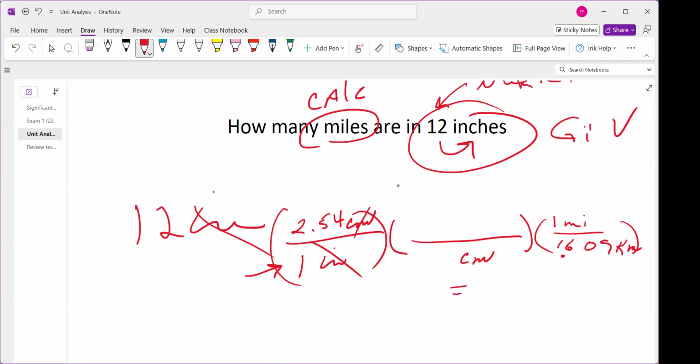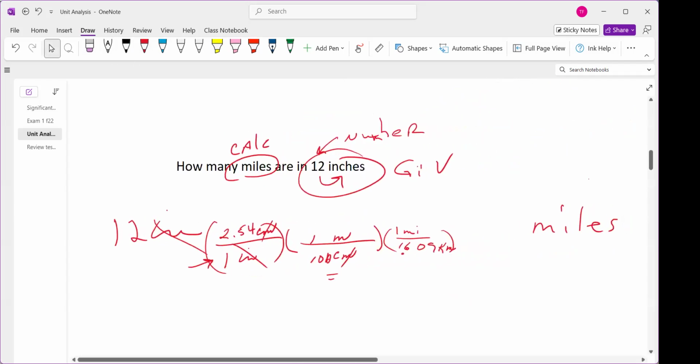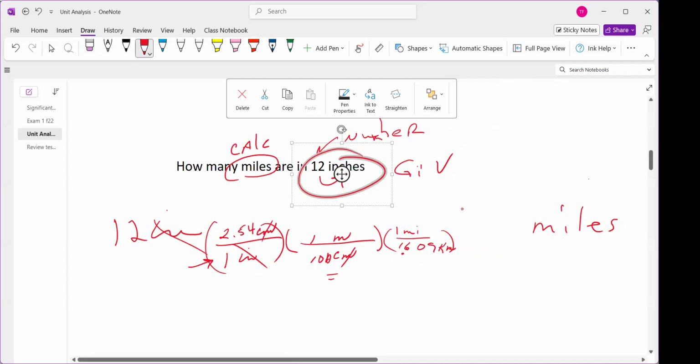Well, there's no direct conversion. Okay, that gives us meters, not kilometers. We have one more conversion factor. What we're going to do is move this one out a little bit.